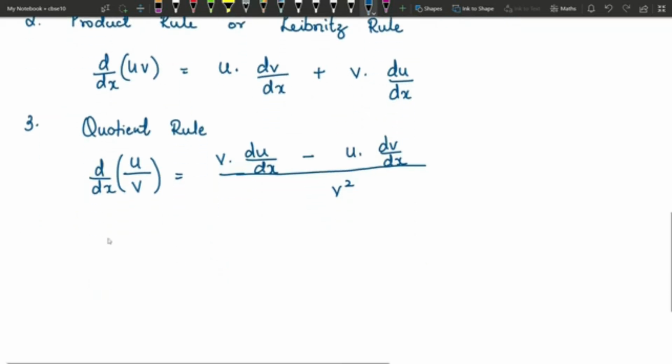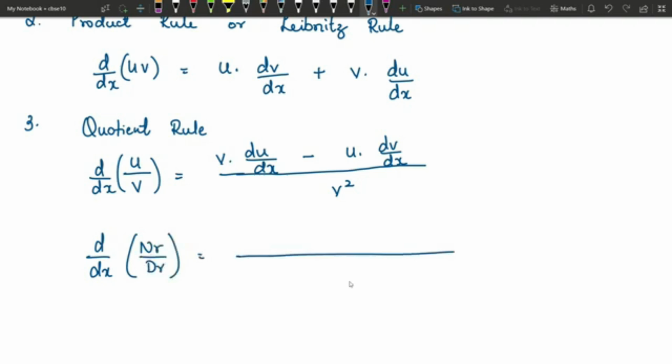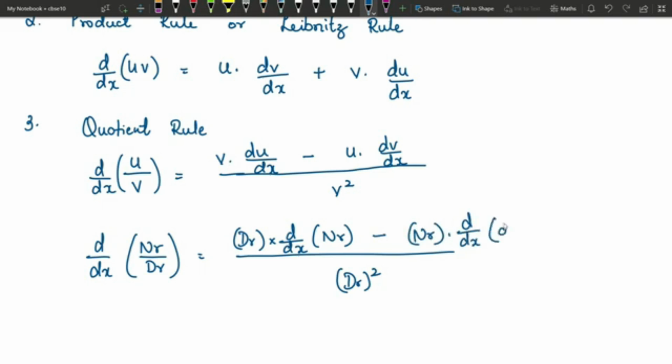This is called quotient rule. You can also remember it this way: this is numerator, this is denominator. Don't forget to write denominator square. Here you have to write denominator into derivative of numerator minus numerator into derivative of denominator.